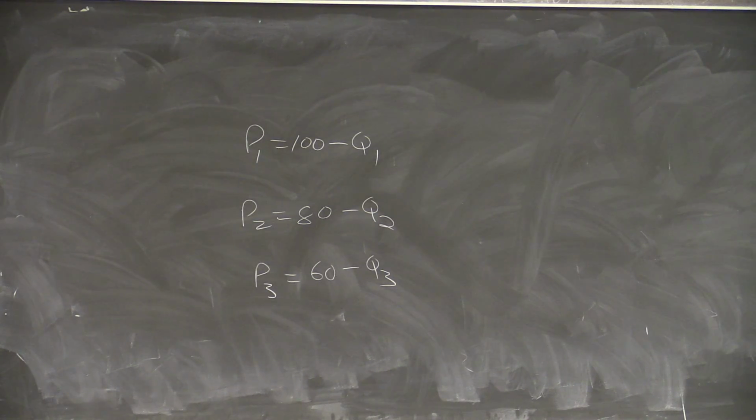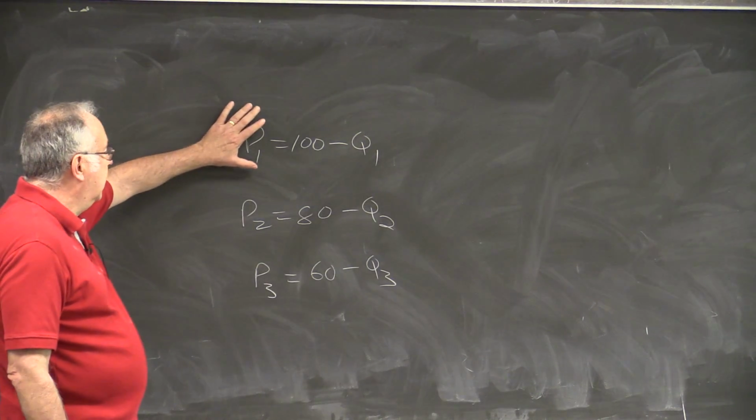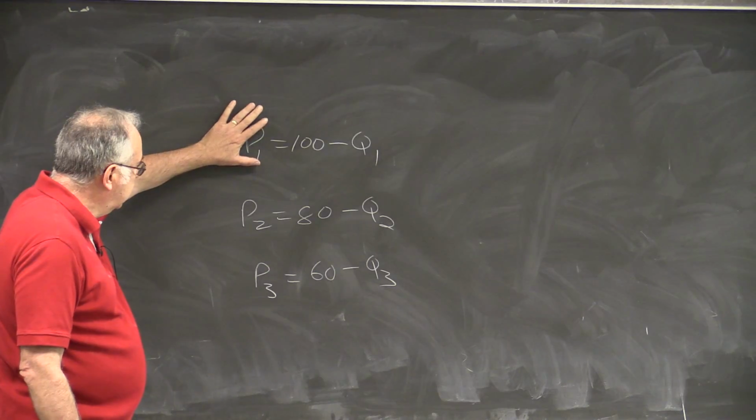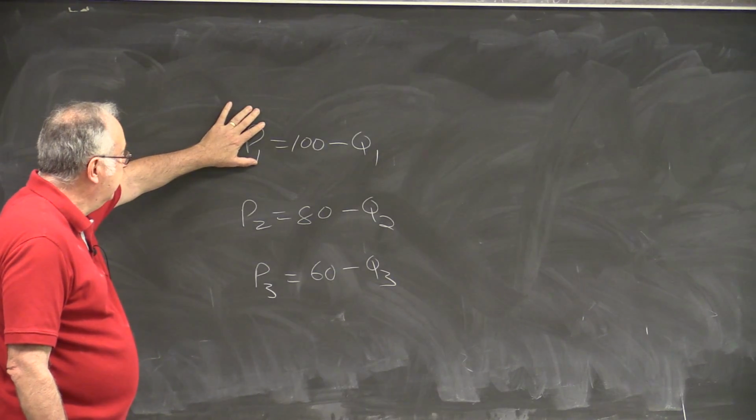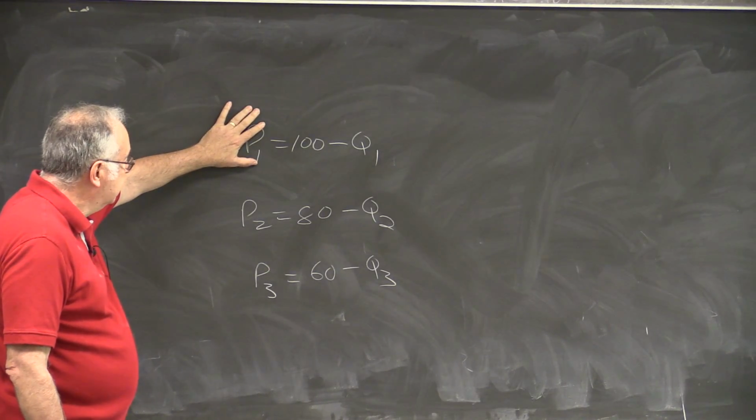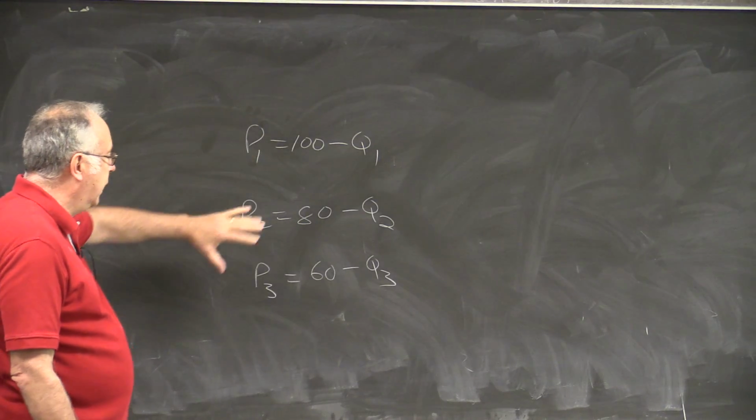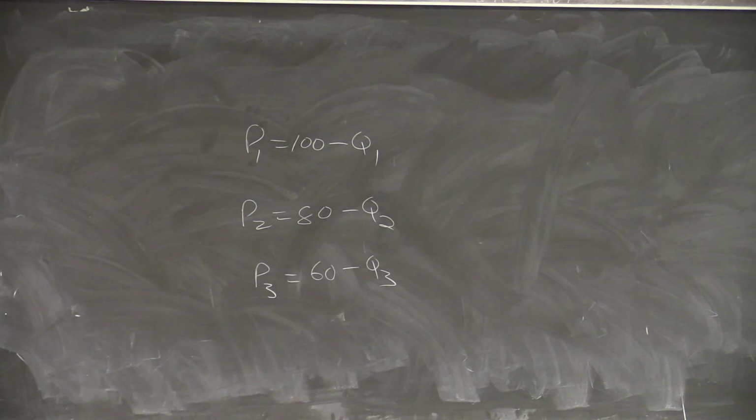Maybe group 1 is non-students. Well, you could just think of it as 3 groups. Maybe you have students, non-students, senior citizens.